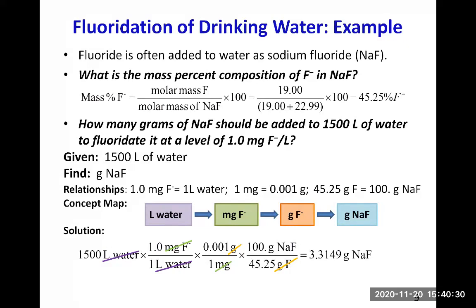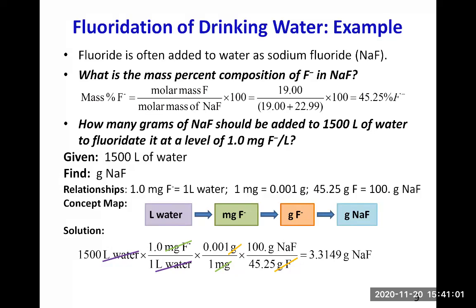And if you do this in your calculator, it's 1,500 times 1 is not needed, so times 0.001 times 100, and then divided by 45.25. The calculator answer is 3.314917, etc. Here, both given amounts are given with 2 sig figs.